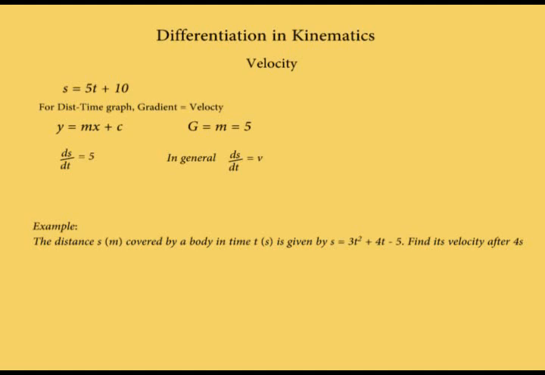So v, the velocity, is equal to ds over dt, and that will give us 6t plus 4. What is v at t is equal to 4 seconds? We simply substitute that. V is equal to 6 times 4 plus 4, and that is equal to 28 meters per second.